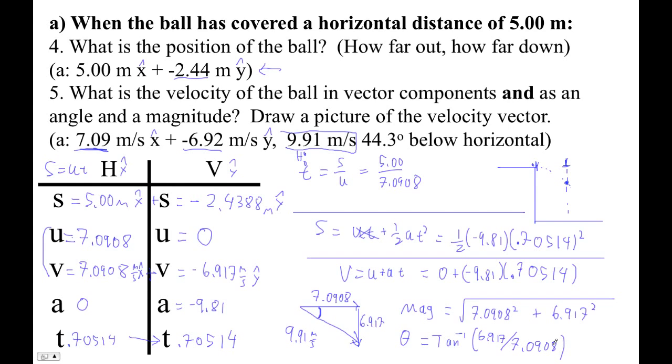Okay, let's try this. Second tan of 6.917 divided by 7.0908. Now I know this has to be less than 45 degrees, right? 44.289, so 44.3 degrees, right? So here it is in words, right? This works. That's 44.3 degrees, right? There it is in words.